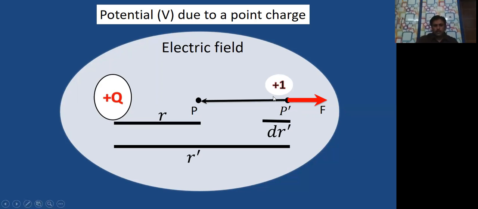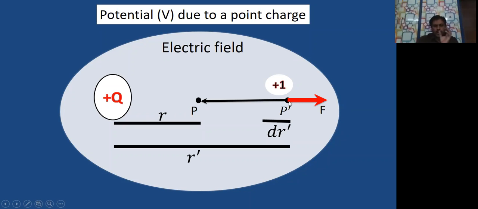So this plus 1 coulomb of charge, you are able to see or not? That I moved by how much distance? Dr dash, a very small distance, children. Very small distance I moved, dr dash, against the force.